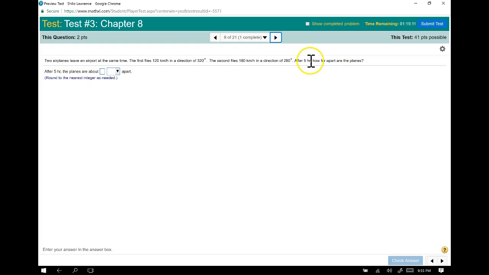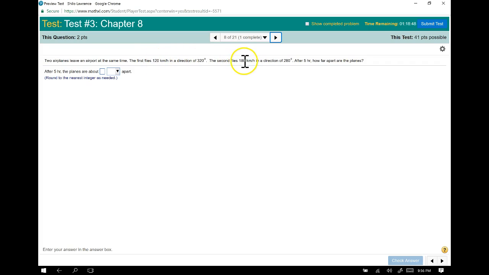Right away, I would go ahead and multiply my speeds by 5. If it's 120 kilometers an hour, and I'm only interested in knowing what happens after 5 hours, that means that this plane has traveled 600 kilometers, and this plane has traveled 900 kilometers.